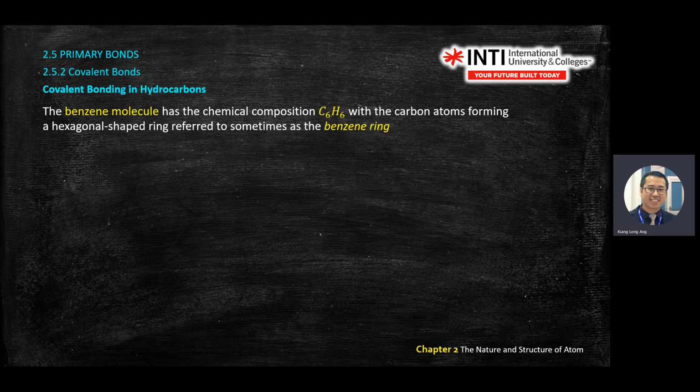It means that you have 6 carbons: 1, 2, 3, 4, 5, 6. And you know that carbon has 4 bonds. 4 single bonds means 4 outer electrons that it can join with others. It can also form bonds with carbon. Okay.